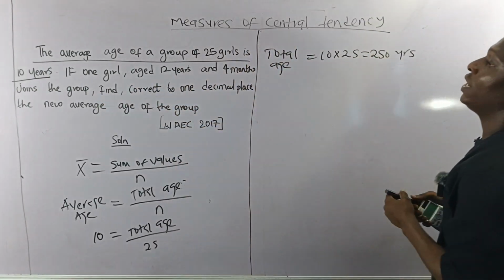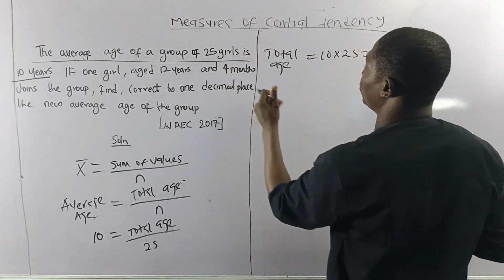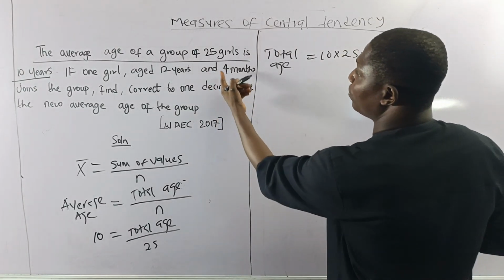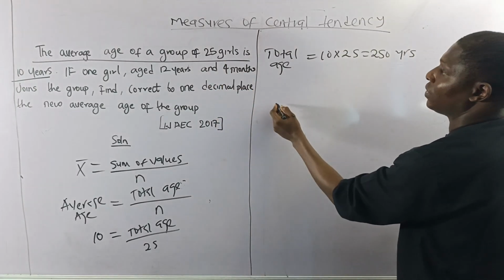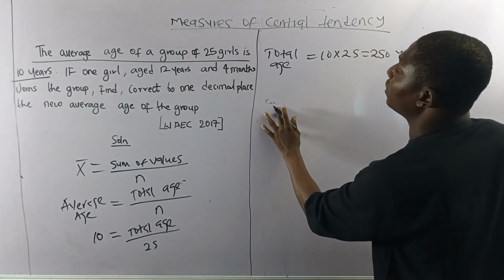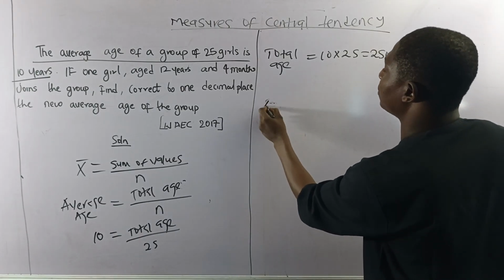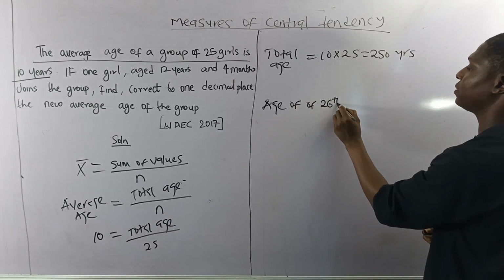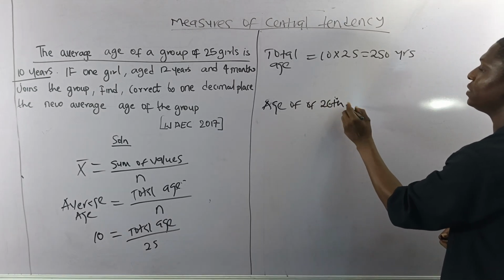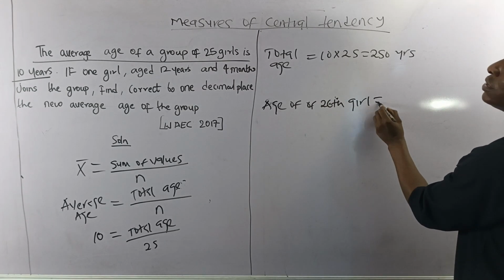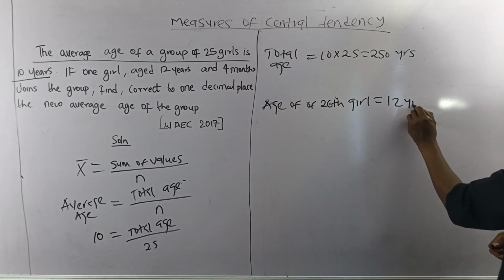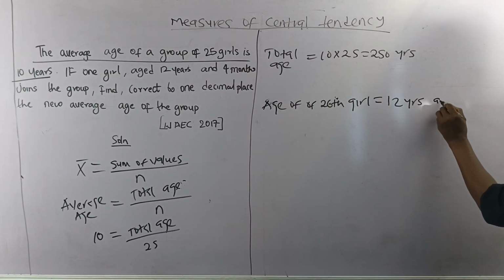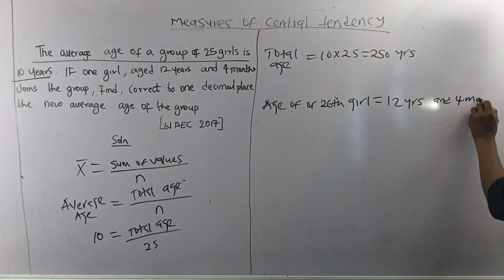Now for the second information, it says if one girl of age 12 years and 4 months joins the group. This happens to be the 26th girl. So I can say the age of the 26th girl is equal to 12 years and 4 months.